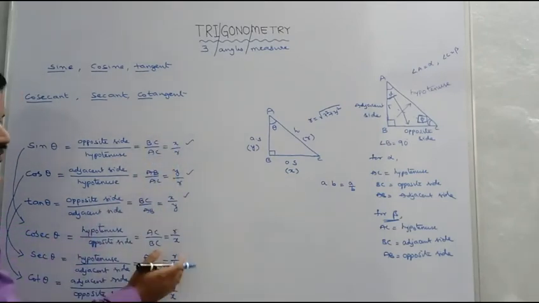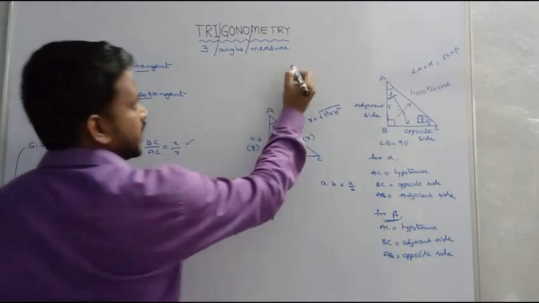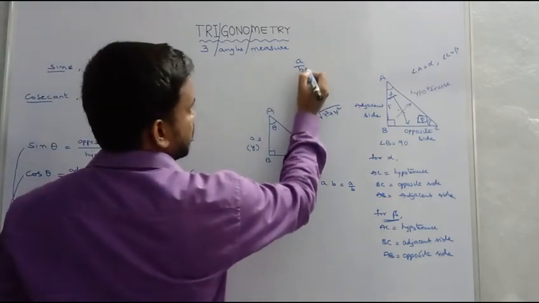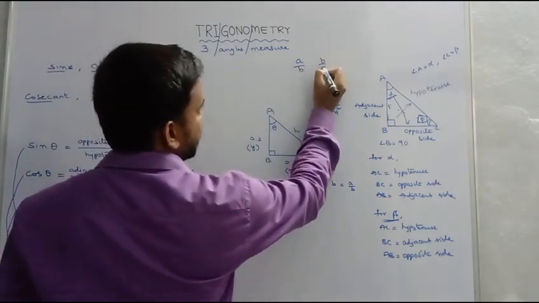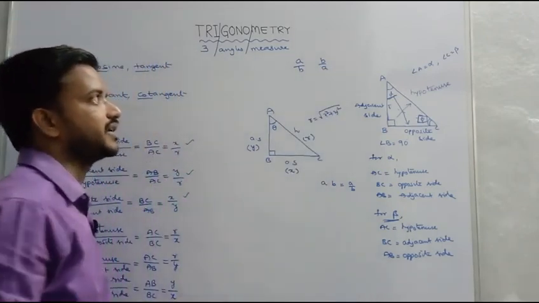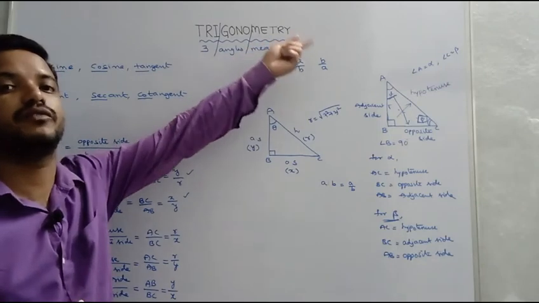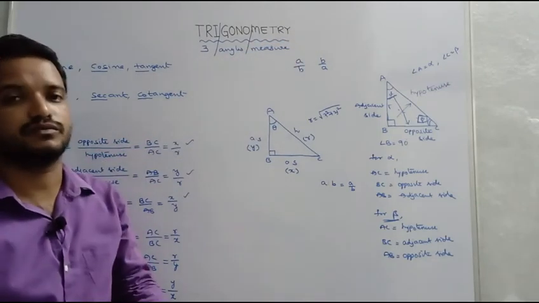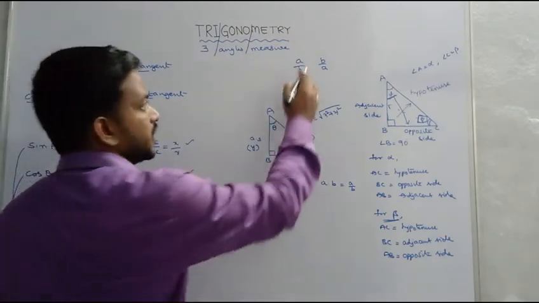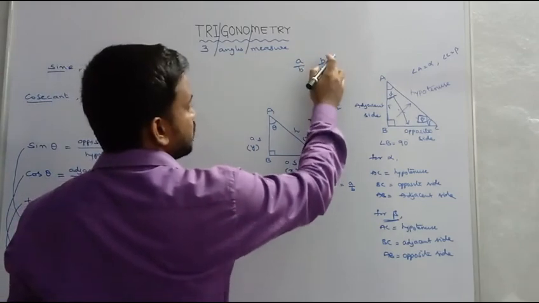When these are the reciprocals, for example, a by b is the fraction, its reciprocal is b by a. We have studied this. You can also write it as multiplicative inverse or inverse ratio.